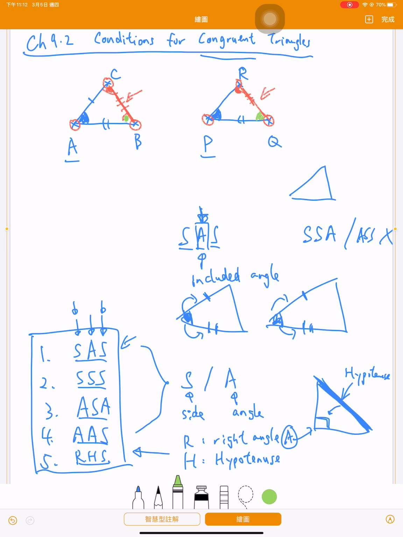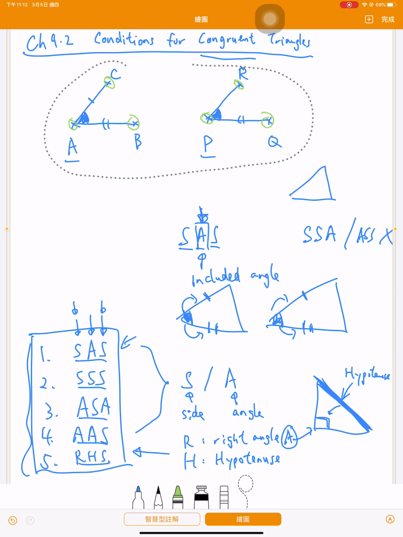So we can see why SAS will be a condition to prove the triangles are congruent, because the 3 points in fact are already fixed, right? That's all. Why SAS is one of the reasons to prove congruent triangles. And I'm not going to show off these 5 conditions. If you are interested, you may search it in Google or in YouTube.